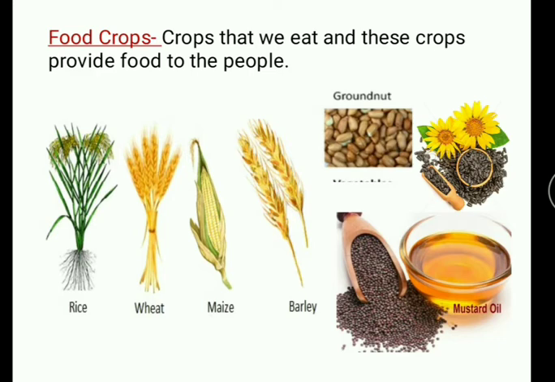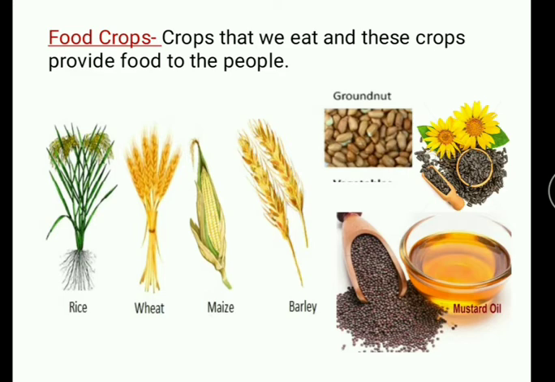Then come millets. Millets means maize, barley. India is also the largest producer of millets in the world. Millets are the grains such as jowar, bajra and ragi. They grow fast in regions of little rainfall and even in soils of poor fertility without irrigation.